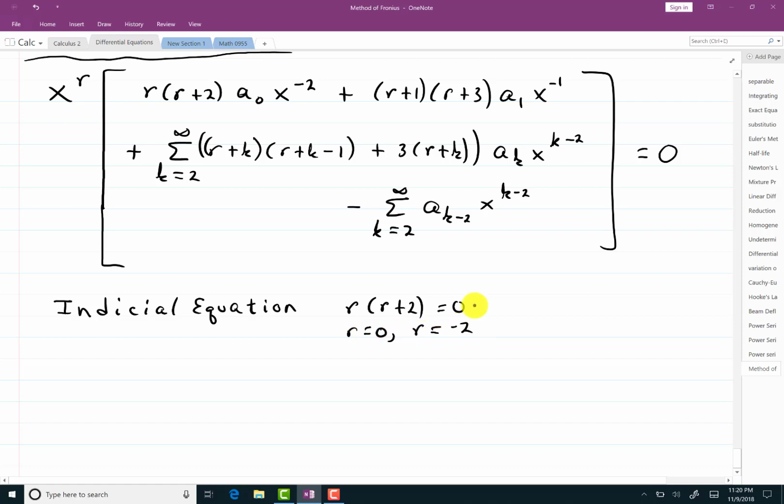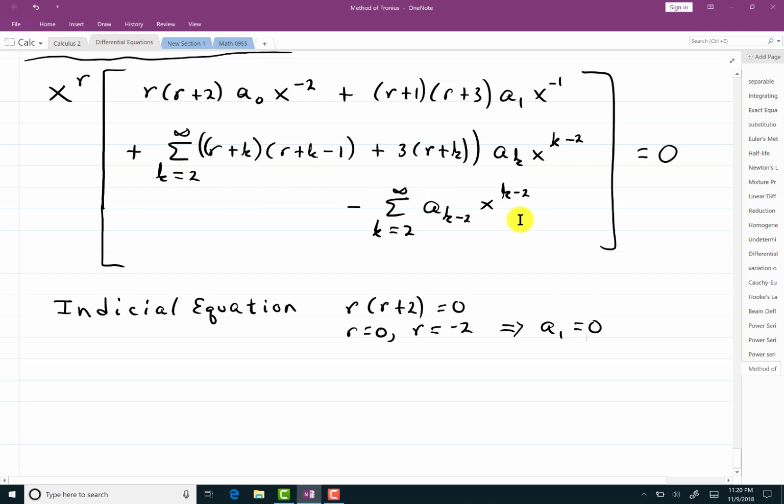There's our two solutions. Neither one of these makes this 0, so that forces a1 to equal 0. So let me go ahead and set a1 equal to 0, and then we'll work on the series itself.